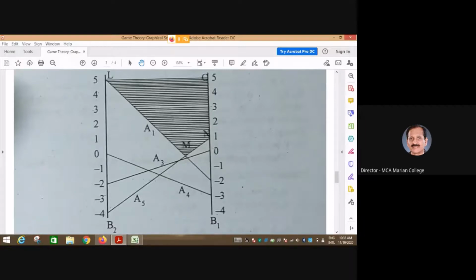And the lines which are intersecting at M, which lines or strategies correspond to it?